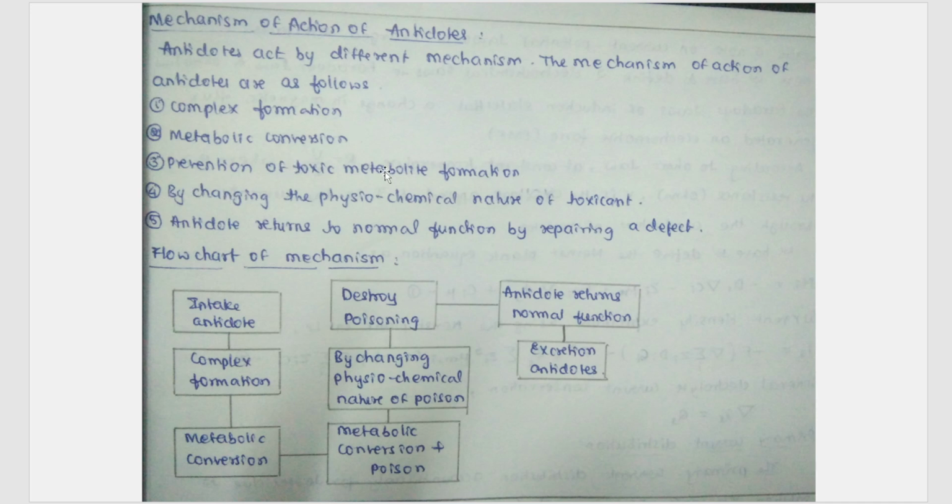That way, it will prevent the formation of toxic metabolite. Then it also changes the physiochemical nature of the toxin so that it will no longer be toxic in nature. Then the antidote returns the body to normal function by repairing the defect. So this is how the antidote works, and a flow chart is also given. Finally, the antidote is excreted from the body.